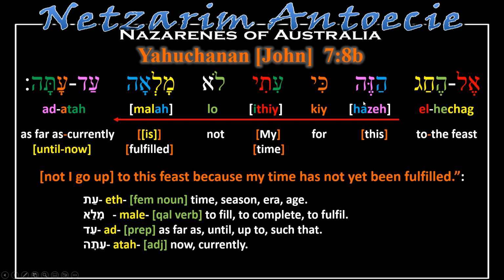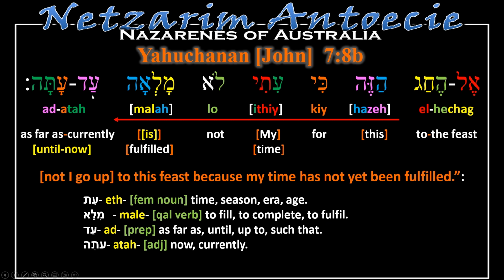Hazeh, this. Ki, for. Iti, my time. Lo, not. Mala, is fulfilled or to be fulfilled. Because the hey is like a directional. Because we see the root is malay, which is a kal verb, to fill, to complete, to fulfill.